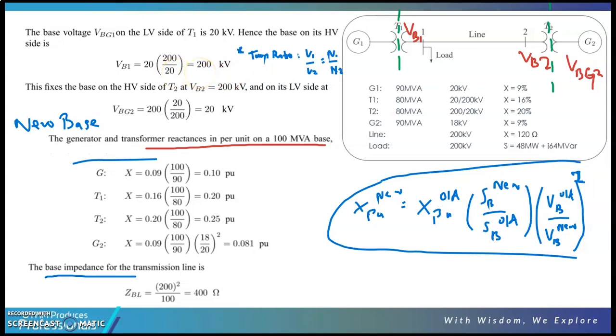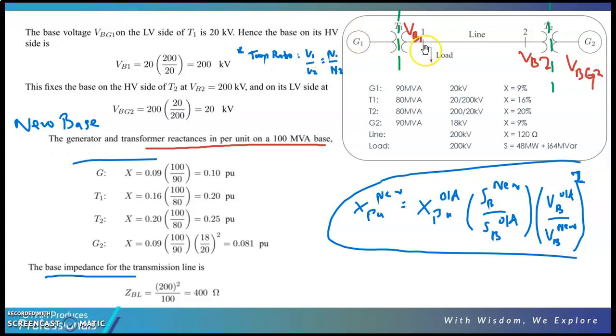How to determine the voltage? You apply the turn ratio, because V1 over V2 of the transformer equals N1 over N2. In this case, N1 over N2 equals 20 over 200 kilovolt. So V base 1 equals 20 times 200 over 20. Your base value on the secondary side of transformer T1 equals 200 kilovolt.